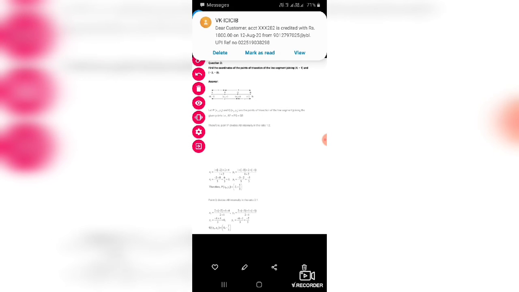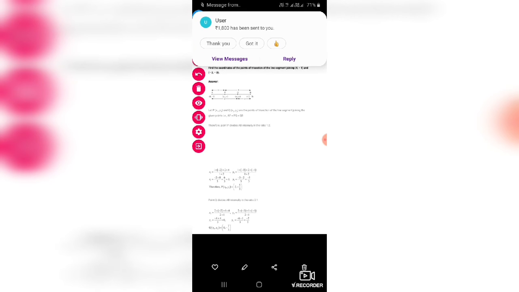Next is question number 2. Find the coordinates of the points of trisection of the line segment joining (4, -1) and (-2, -3). So class, how are we going to do that?